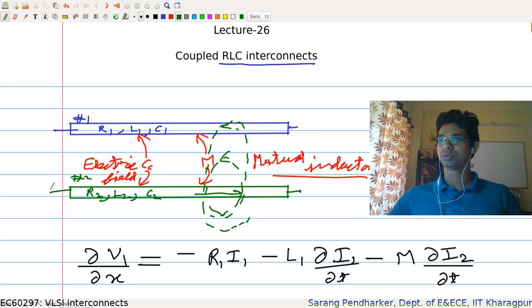This is very similar to what happens in a transformer. The transformer windings are engineered such that this mutual inductive coupling is enhanced. Here we don't actually want that, but nevertheless it is there.